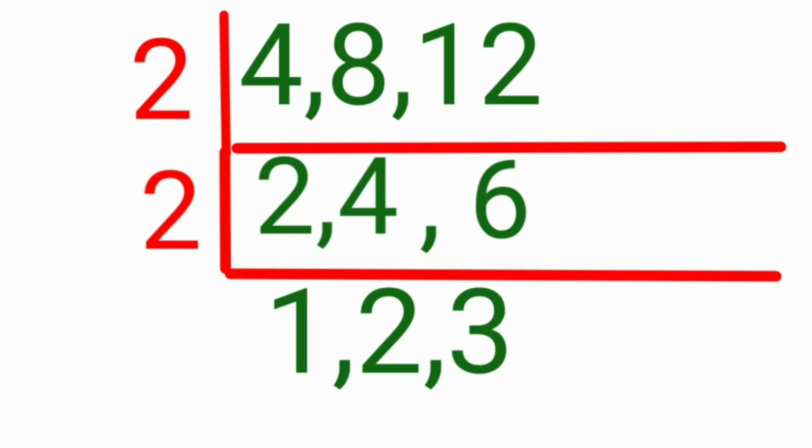Again, how many 2's are in 4? 2 2's are in 4. So we write 2 below 4. How many 2's are in 6? 3 2's are in 6. So we write 3 below 6. Which number divides all the three numbers 1, 2 and 3? No number. So we can stop with this.